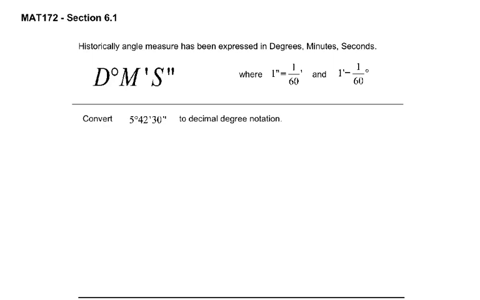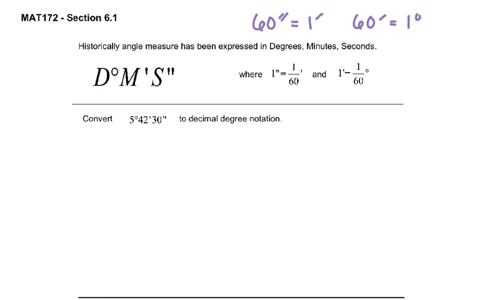Or you could even say that 60 seconds equals 1 minute, and 60 minutes equals 1 degree. Either works, it's just a different way of thinking about it.